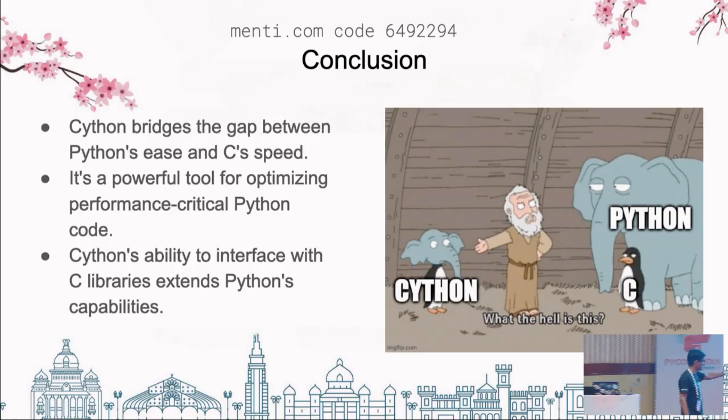So what's the conclusion? The conclusion is that Cython bridges the gap between Python and C speed. I'm myself a very lazy person. I don't know whether you observed, but I just copied the theme from the website, right?